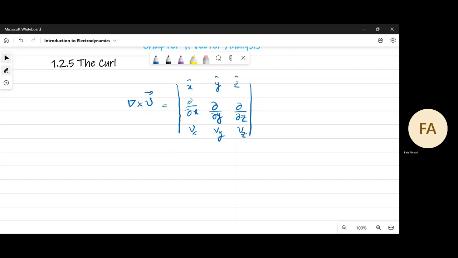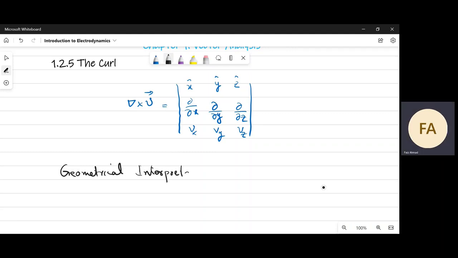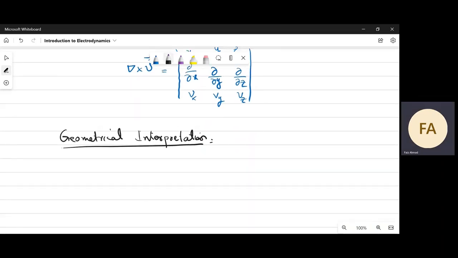And so what does curl mean? We have to see the geometrical interpretation. The curl name is well chosen.